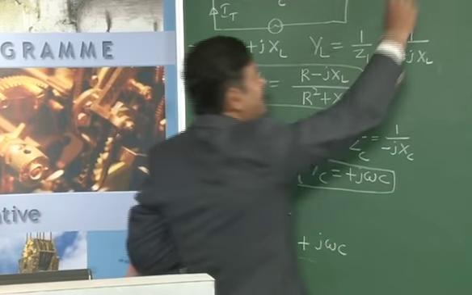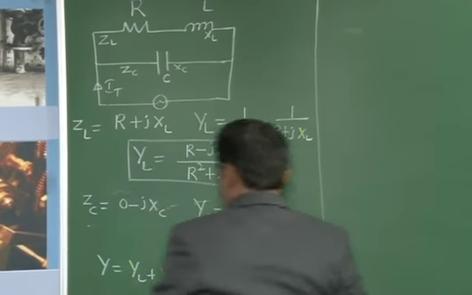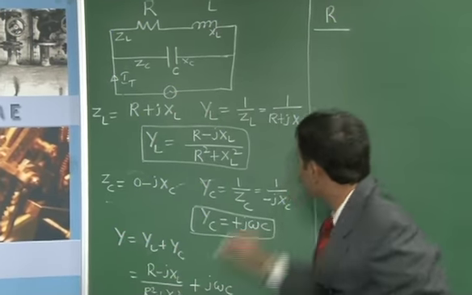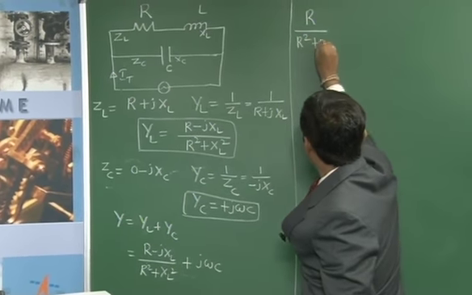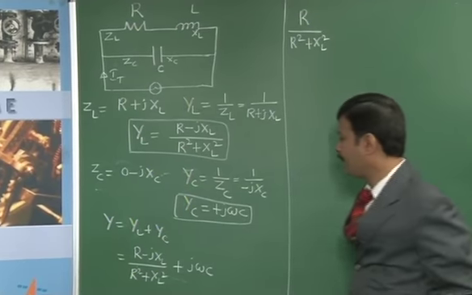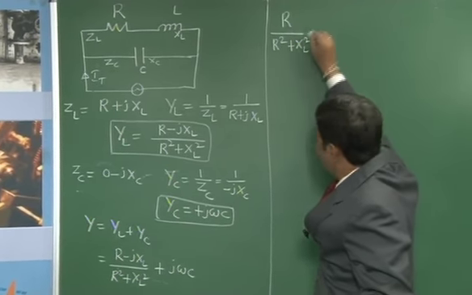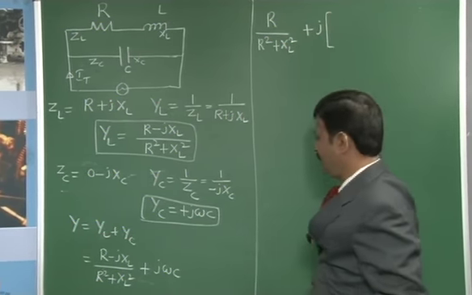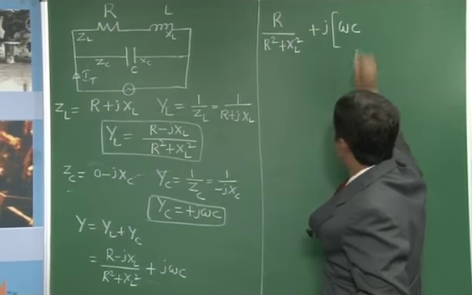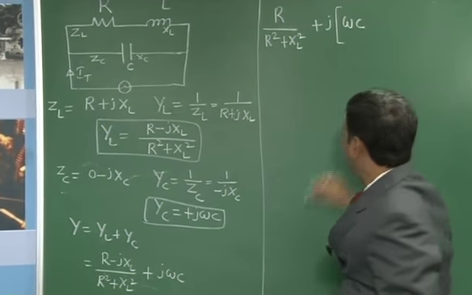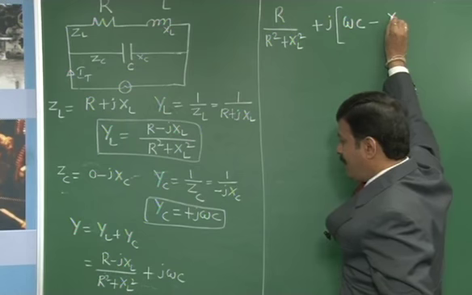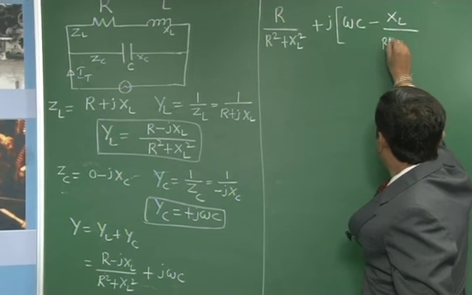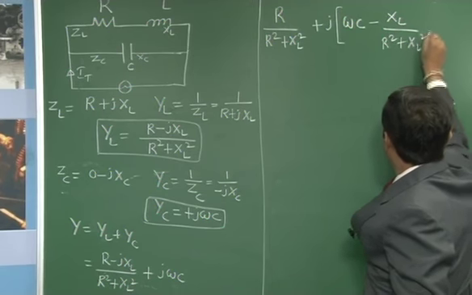I will separate these two. Real part I will separate first: R divided by R square plus XL square, and separately I will take plus J outside: omega C, and minus XL divided by R square plus XL square.